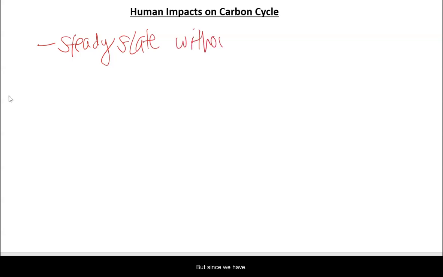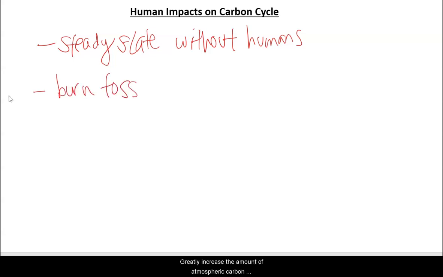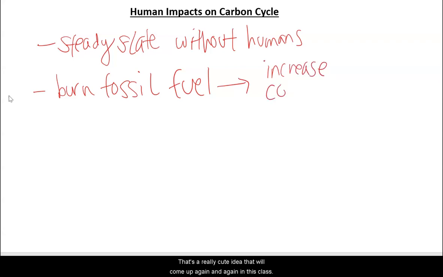But since we have grown in our population, we have seen a huge change to our carbon cycle. So as we burn those fossil fuels, we've greatly increased the amount of atmospheric carbon dioxide in our carbon cycle. And that's a really key idea that will come up again and again in this class.